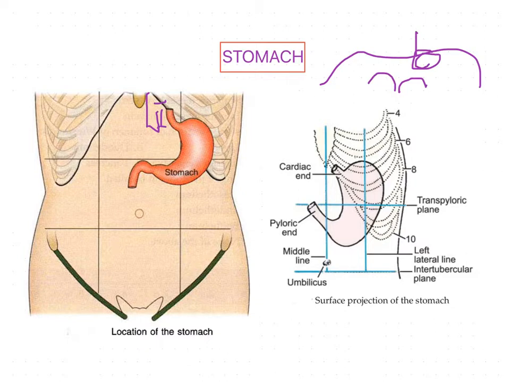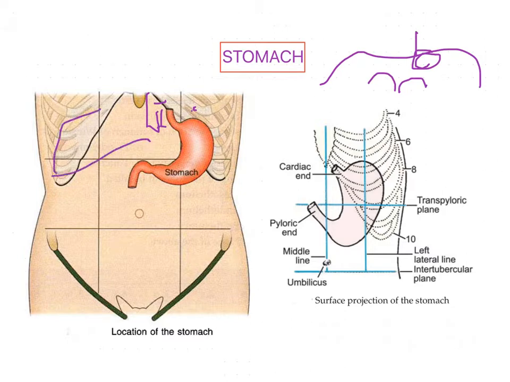Normally the left lobe comes up to this left side. As we know, the first layer of the abdomen includes the liver, stomach and the greater omentum.